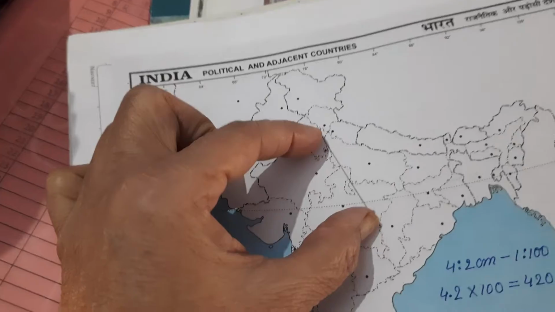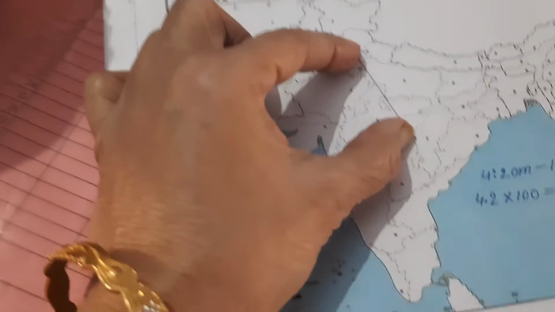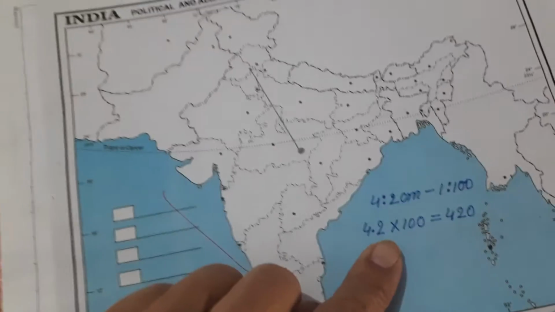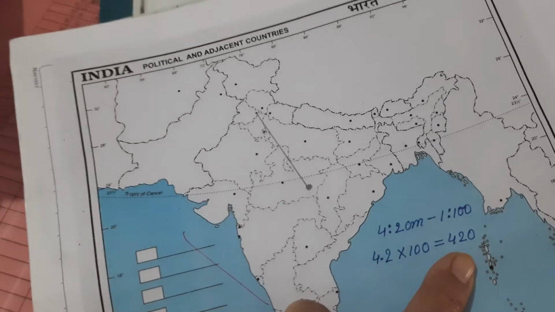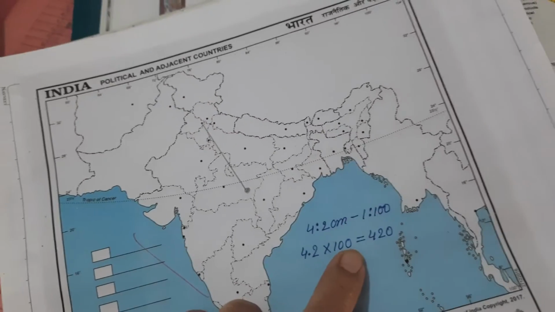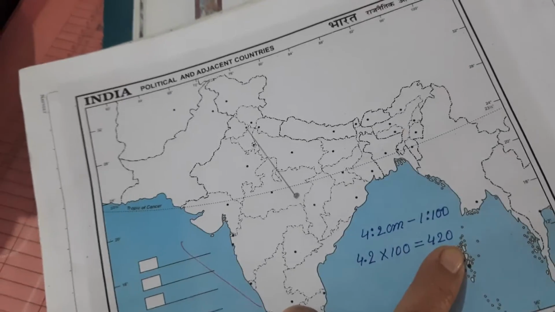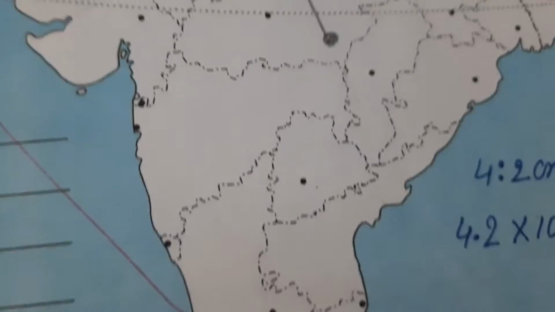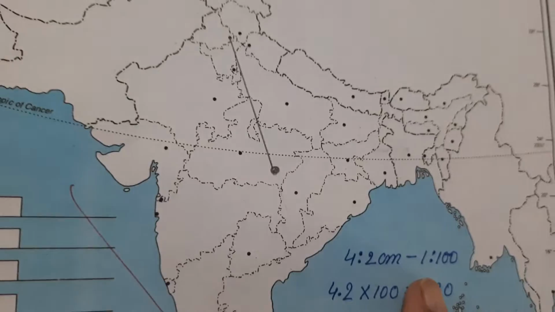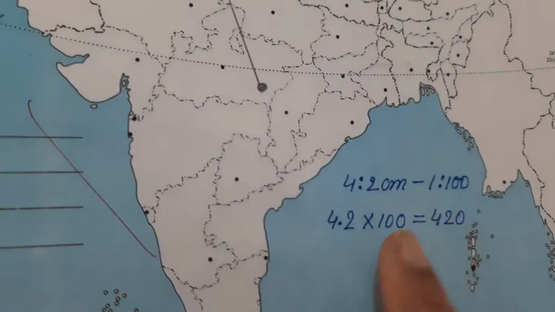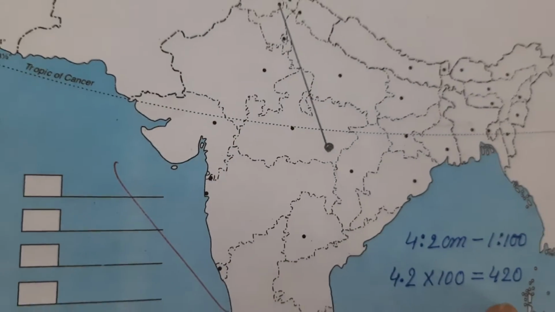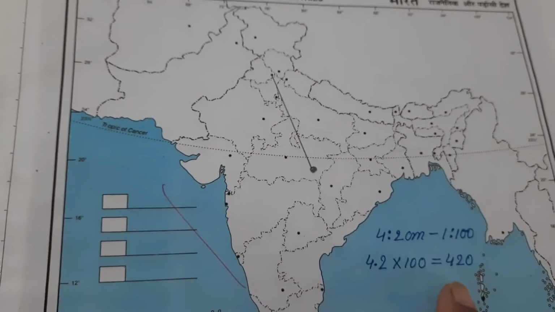If we measure with a scale, it is 4.2 centimeter. Here it is a large scale map, so we have to take the ratio into 1000, right? In this way you may scale the map. Suppose 1 centimeter represents 100 kilometer, then the distance from here would be, it is just an example, it is not in reality.